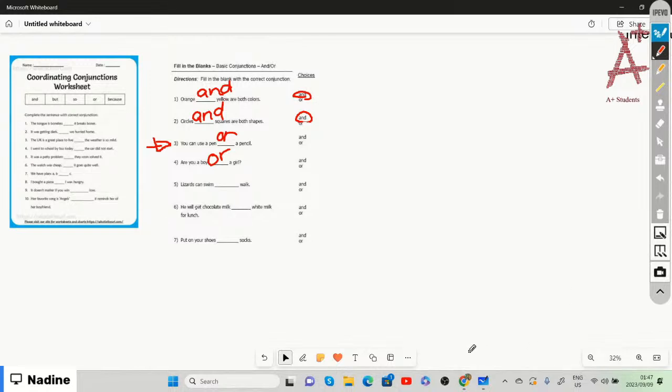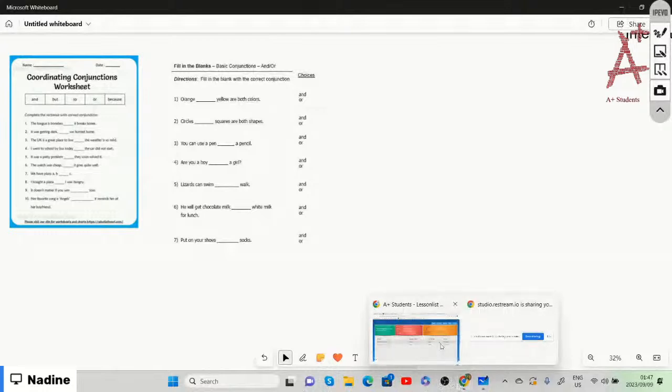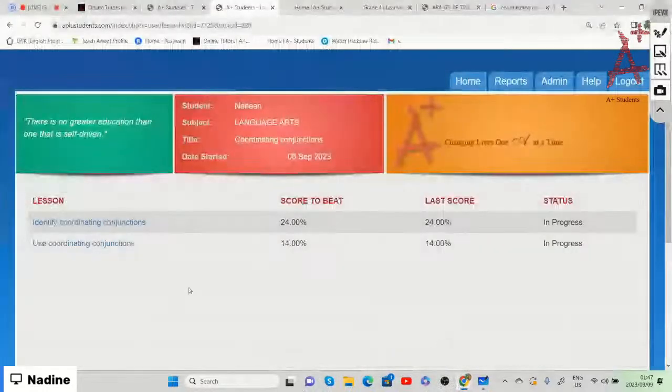So that is basically our lesson on coordinating conjunctions. We see that we have four most common conjunctions that we mainly use, which are and, or, so, and but. We identified specific conjunctions and we also showed ways in which we can use them.